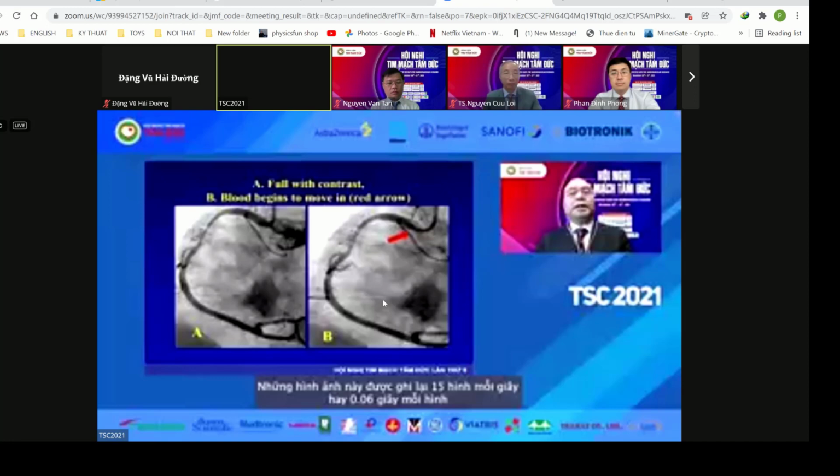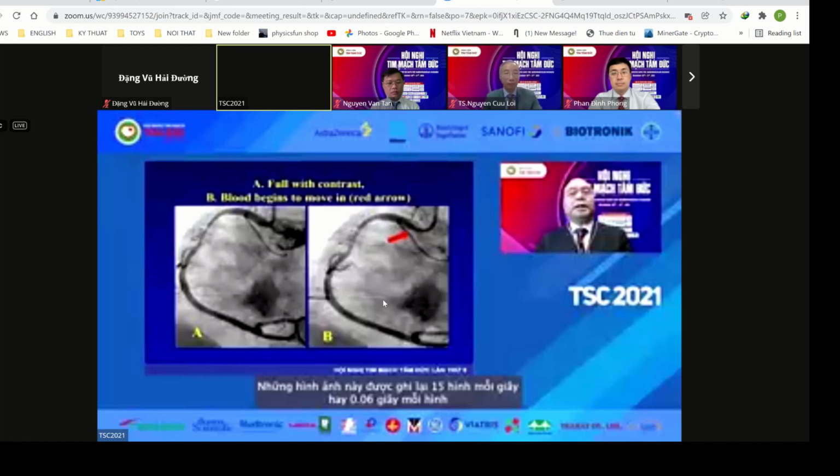So what about the interventional cardiology implication? What we learn from the above mechanism is that at the inner border of a curve, the blood pressure is lower, as we see on this manometer.